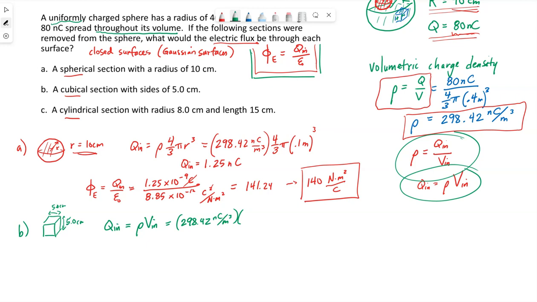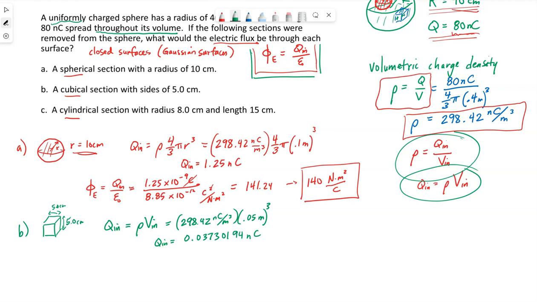Well, the cube, all sides have the same length. The volume of a cube is length times width times height. So we will take our 5 centimeters, which I need to put in meters, to end up with the correct units. So I'm finding Qn to be 0.0373, just keeping some more digits. So this is our value in nanocoulombs.